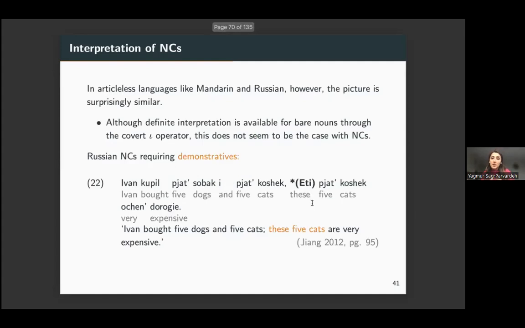But the picture is surprising in articleless languages. Although bare nouns themselves can undergo covert iota type shifting, numeral constructions don't. And they require instead an overt marker. Since we don't have a definite article, we are resorting to the demonstrative for this job. So Russian is an example like that, as in 22.